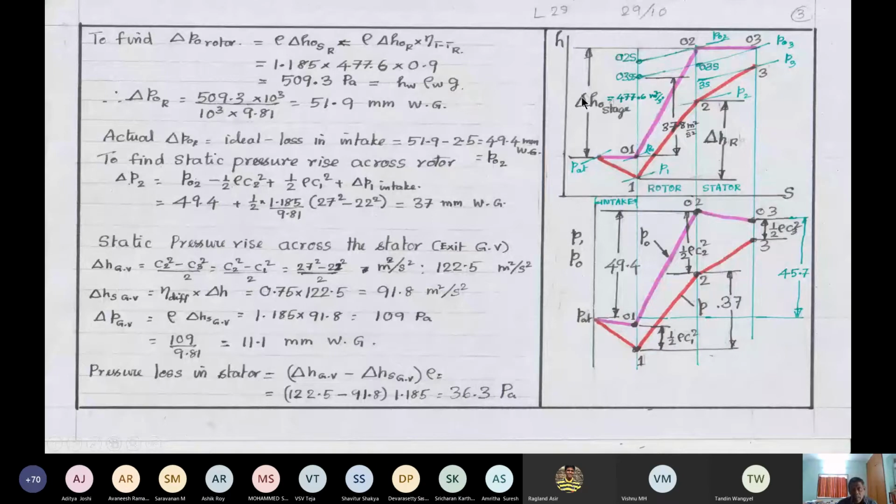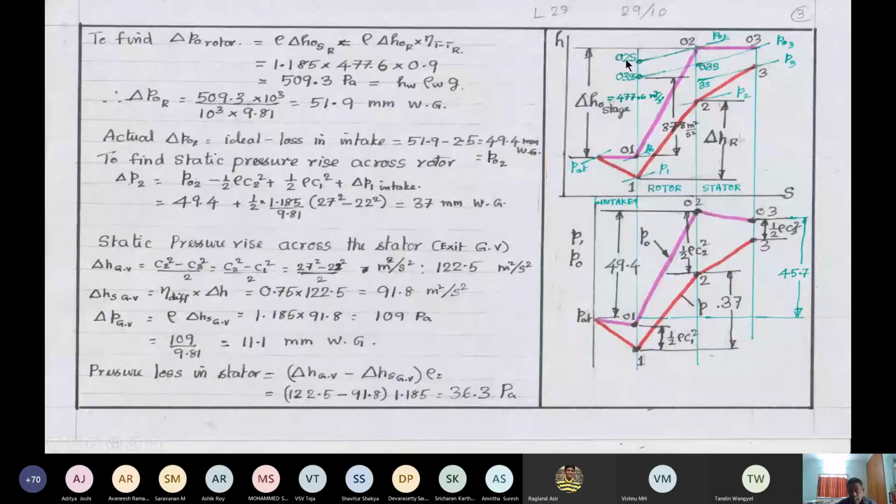If you multiply that by the total to total efficiency of the rotor, you will get the isentropic change, delta H naught S of rotor, that will come up to point 1 naught to point 2s.